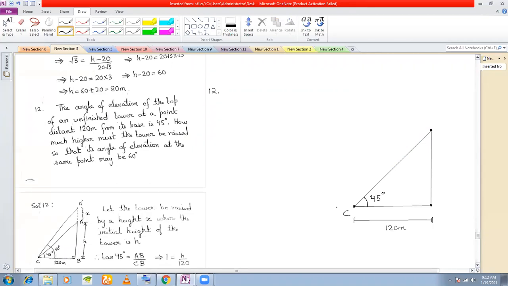The question is how much higher must the tower be raised so that the angle of elevation at the same point be 60 degree. So this is the initial length of the tower. Let's say AB is the initial length of the tower. How much higher than A must the tower be raised? Let's say the tower is raised by a height x.